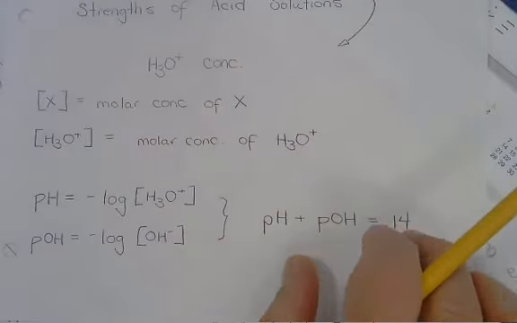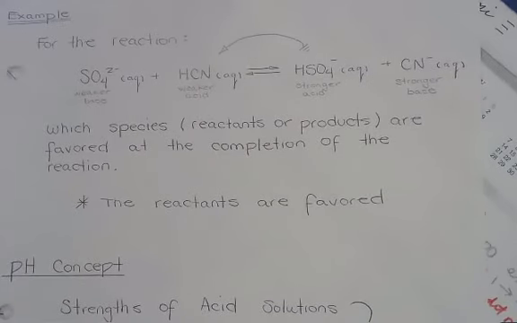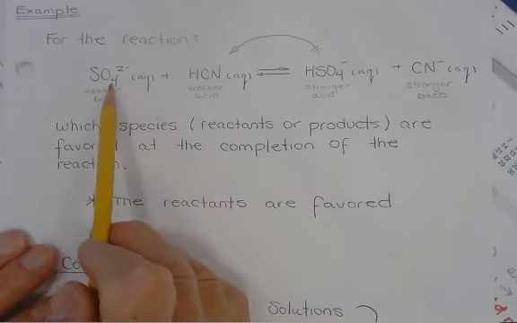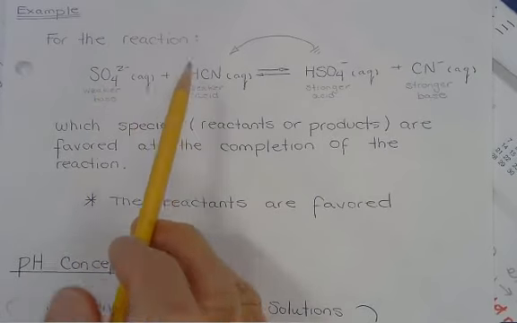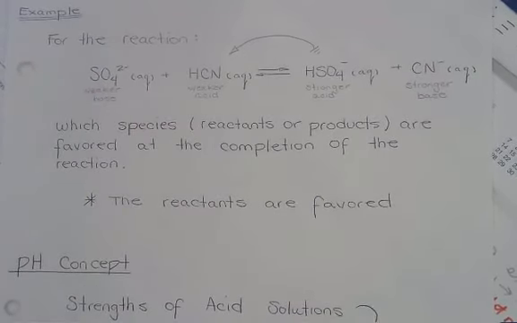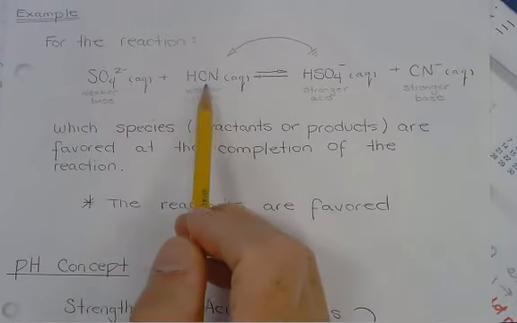Okay. Here's our last example before we go to the pH concept. Let's take what would happen if I put sulfate ions into solution with the weak acid that comes from cyanide, hydrogen cyanide or hydrocyanic acid.